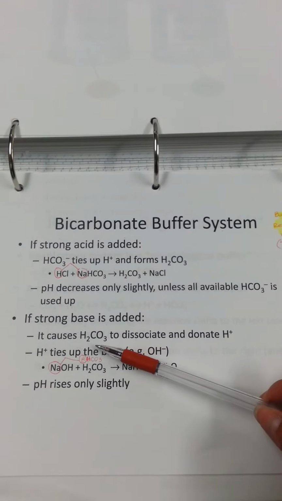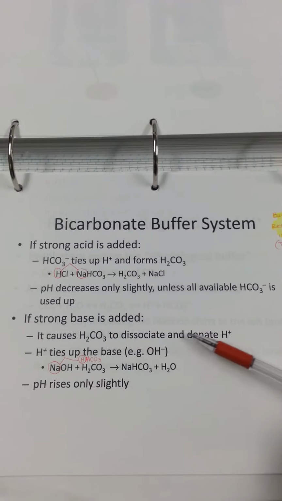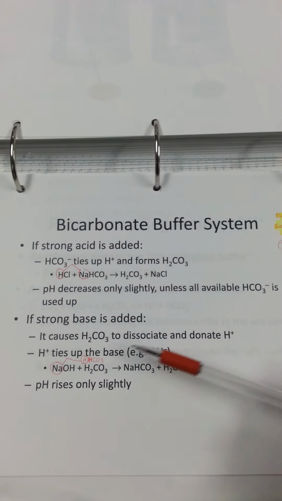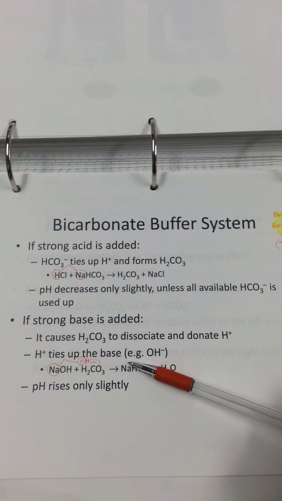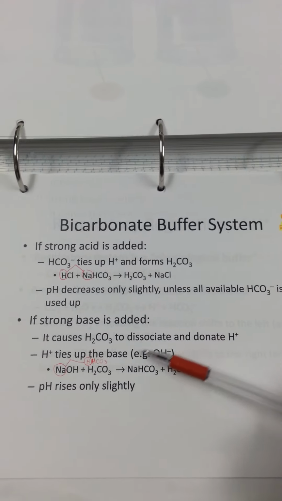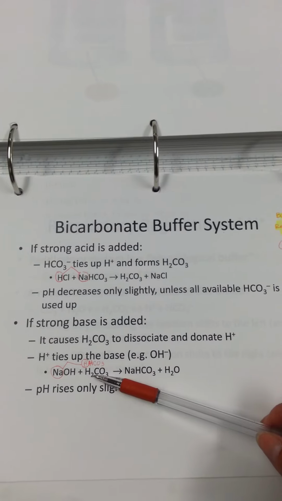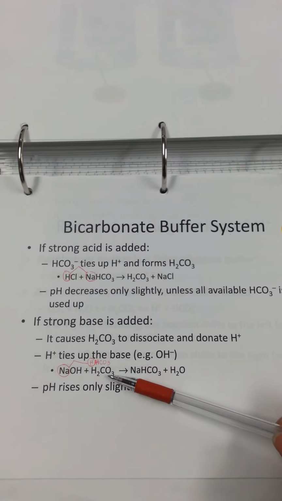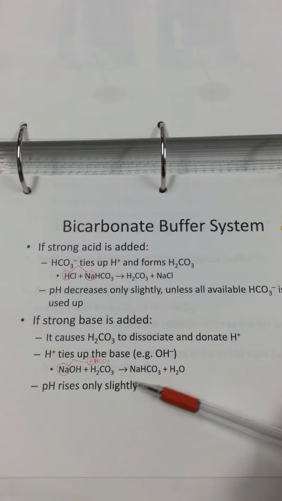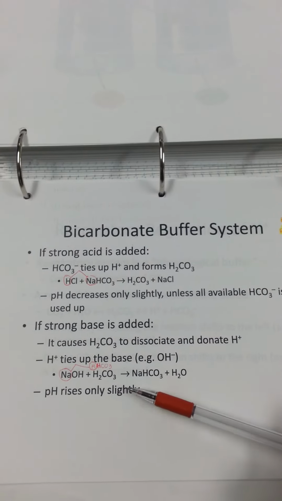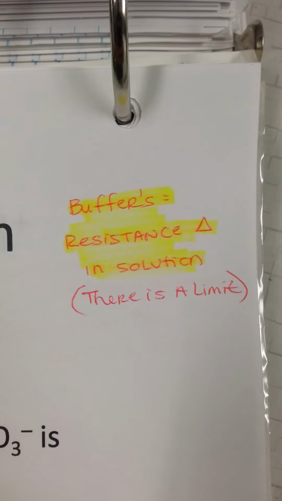If strong base is added, it causes carbonic acid to dissociate and donate a hydrogen. Hydrogen ties up with the base, for example OH, and now we have NaOH plus carbonic acid. Now pH rises only slightly.